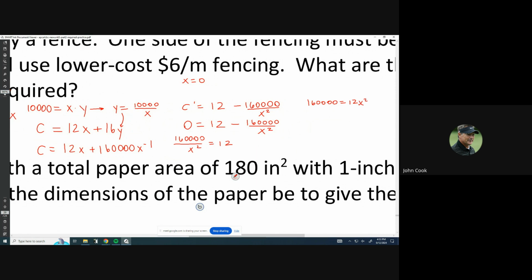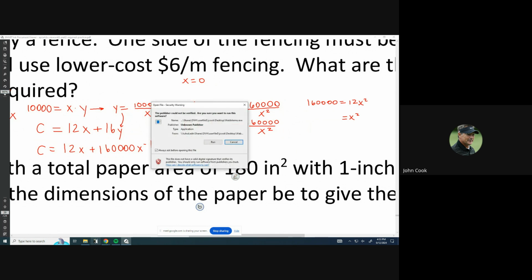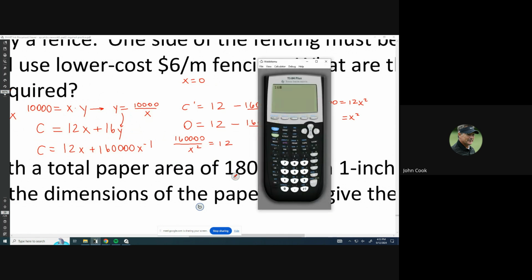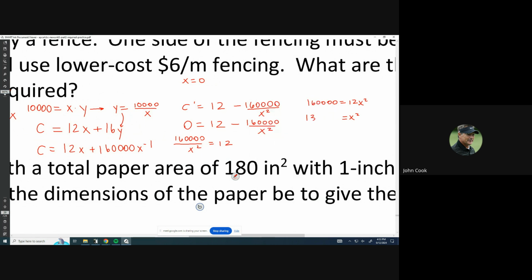Divide by 12, so you get x squared is equal to, let's use our calculator for that one. 160,000 divided by 12 gives me 13,333.333. And then I take the square root of both sides. So x is equal to about plus or minus the square root of that.